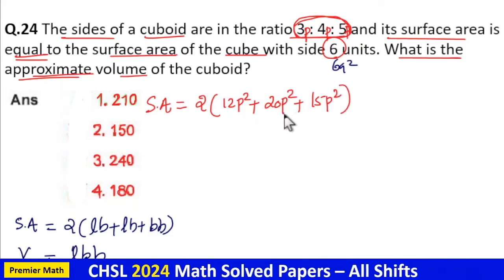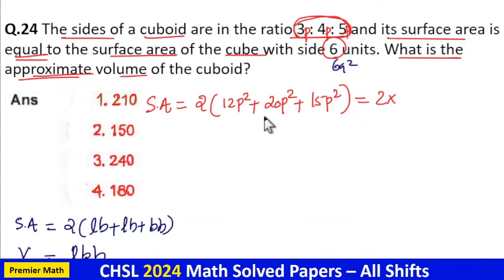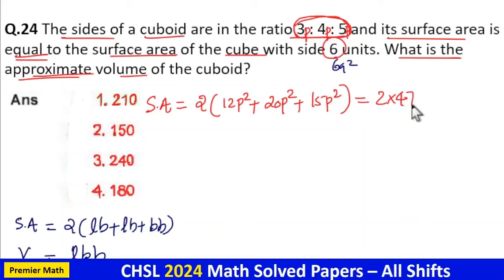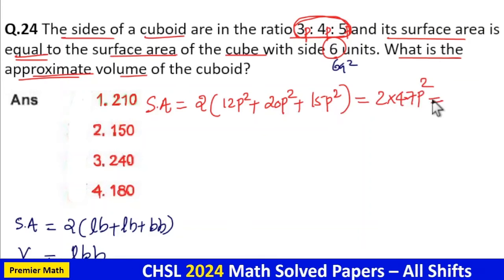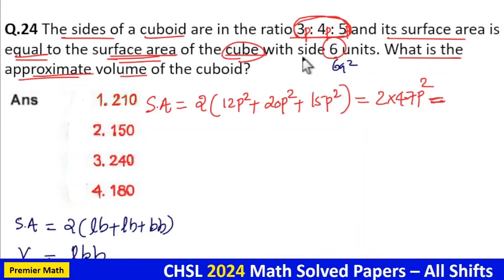So the surface area is 2 into (12 plus 20 plus 15), which is 47. So 2 into 47 part square is equal to the surface area of the cube with side 6.